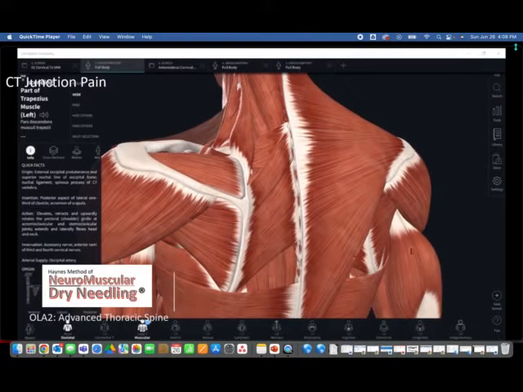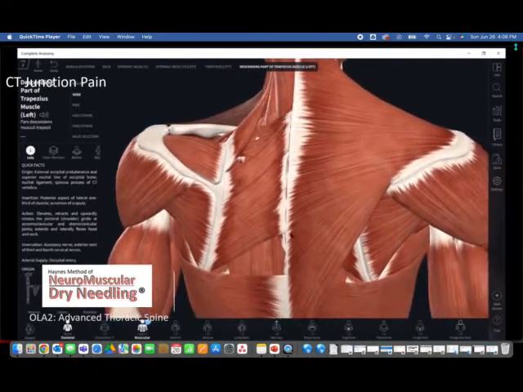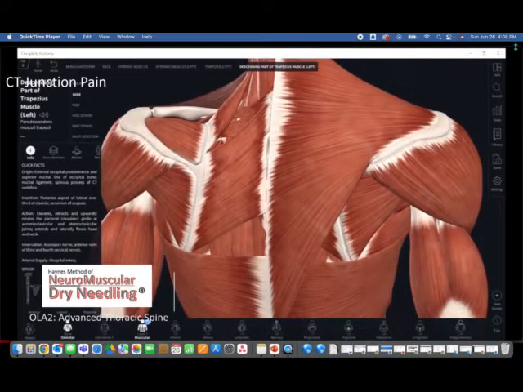From a tertiary standpoint, our third layer, we'll look at the lower trapezius, serratus superior posterior, which sits anterior to or deep to the rhomboids.